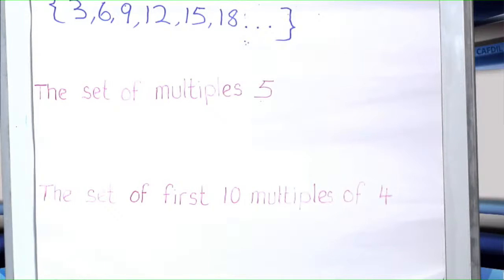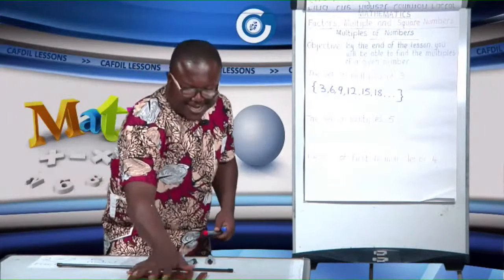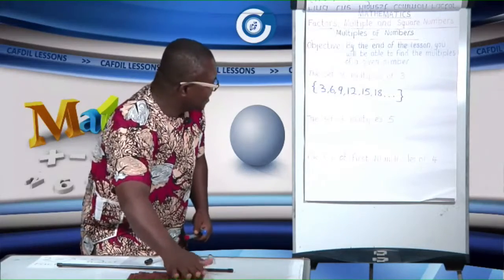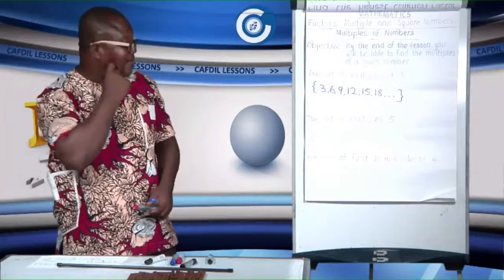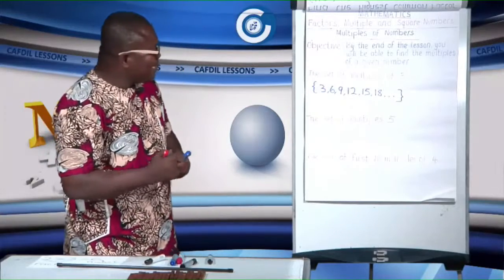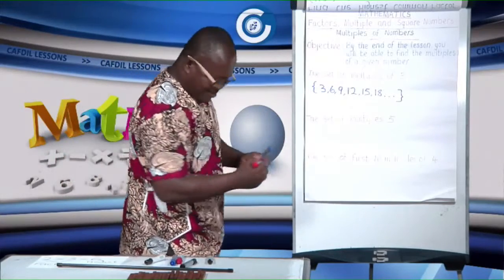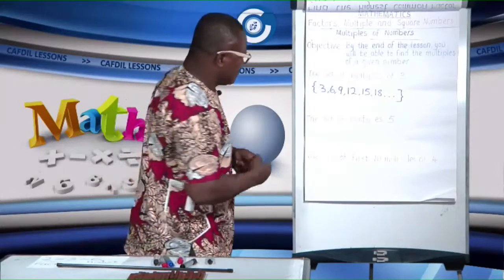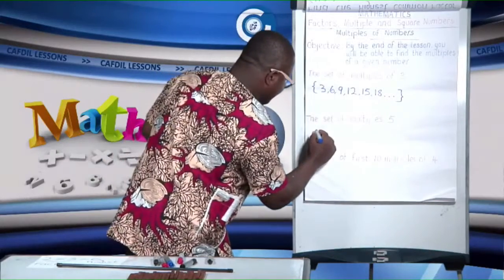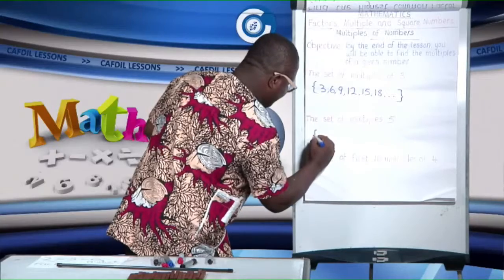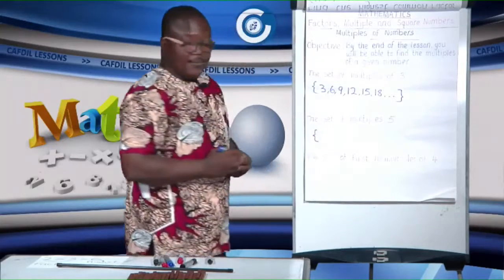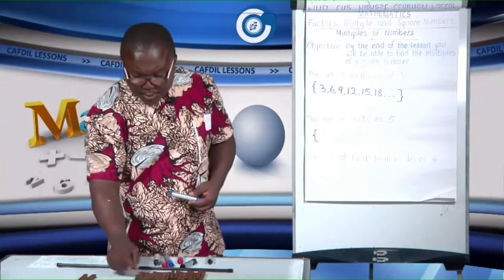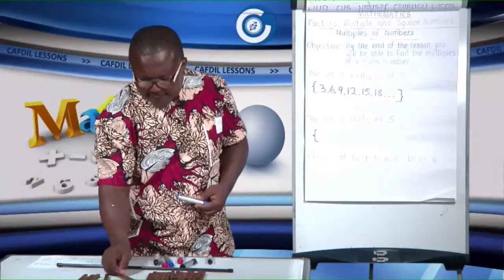So here is the set of multiples of 5. The first one was multiples of 3. Okay. So the set of multiples of 5. It means that 1, 2, 3, 4, 5.